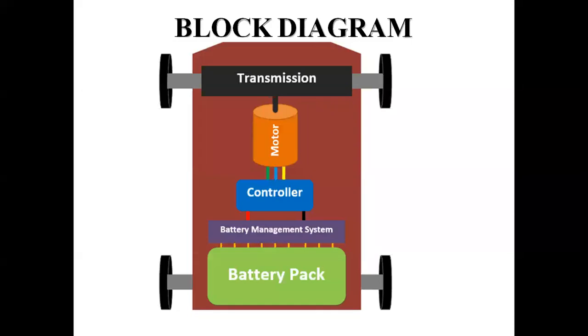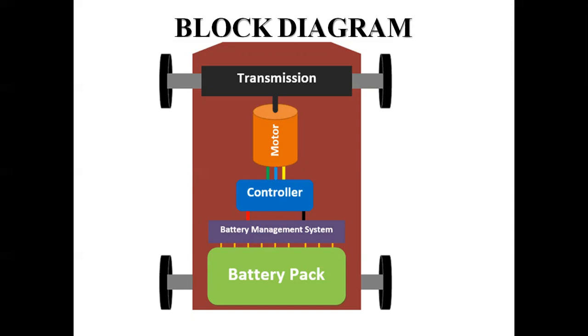Now here this system needs to be done depending upon the power you are requesting. You will obviously have an accelerator, by pressing which you will be running. Accelerator means if you press the accelerator in a car, that means you will be running at a greater speed. So if you will be running at a greater speed, the controller needs to give more voltage to the motor for it to run.